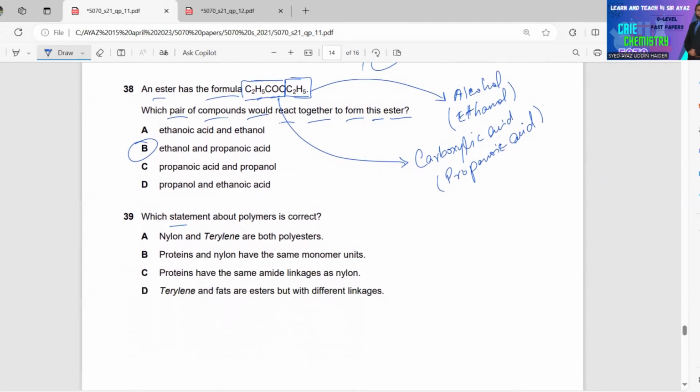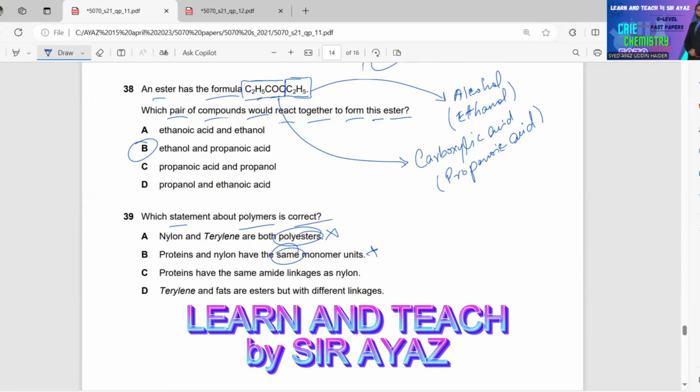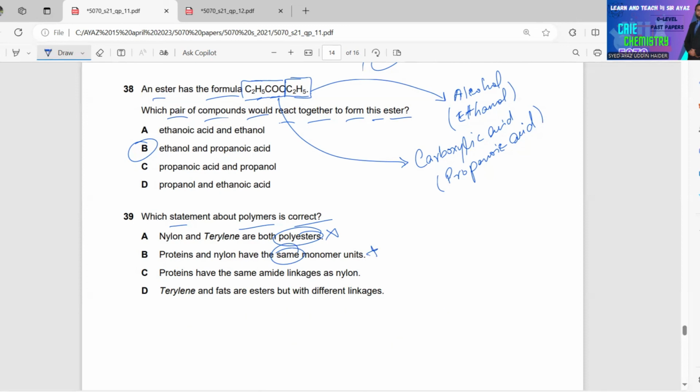39. Which statement about polymers is correct? Which of these statements is correct? A, nylon and terylene are both polyesters. This is wrong because nylon is a polyamide. B, proteins and nylon have the same monomer units. This is also incorrect. Both have different monomer units. In protein, we have amino acids, but in nylon we have dicarboxylic acid and diamine.